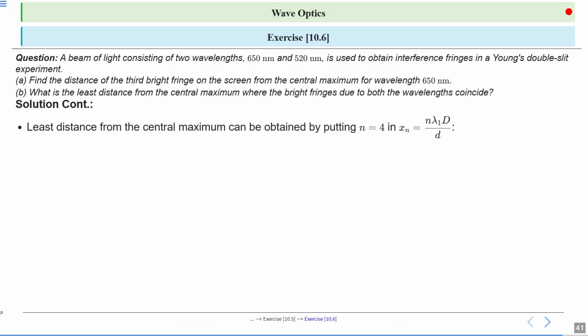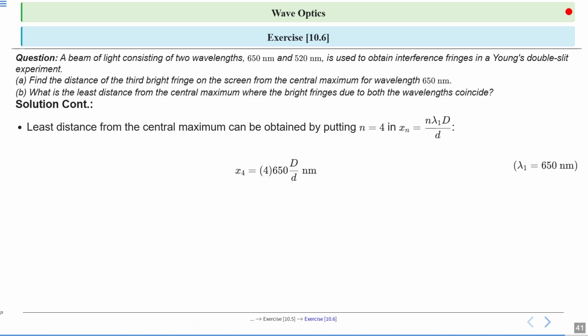So let's start by finding the least distance from the central maximum where the bright fringes coincide. What is the least distance? It is the position of the 4th bright fringe due to the wavelength 650 nanometer. So we use the formula xn equal to n lambda 1 capital D upon small d, putting n equal to 4.